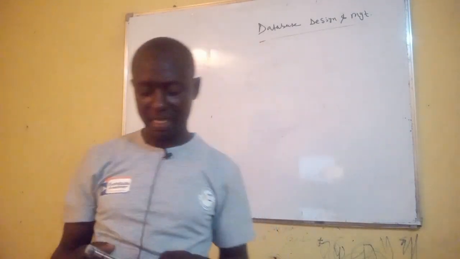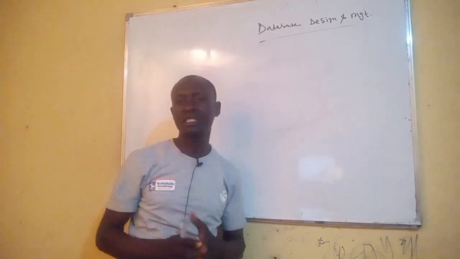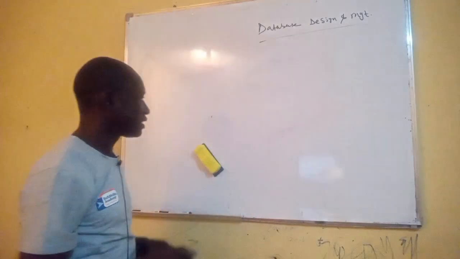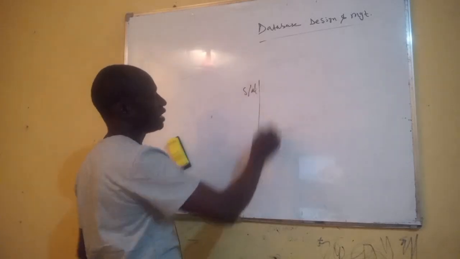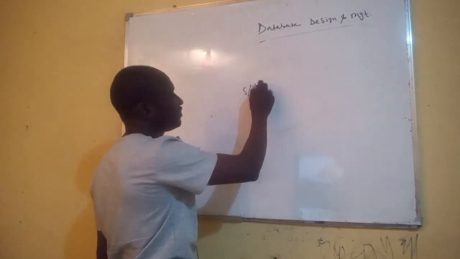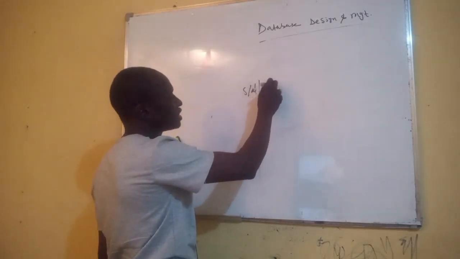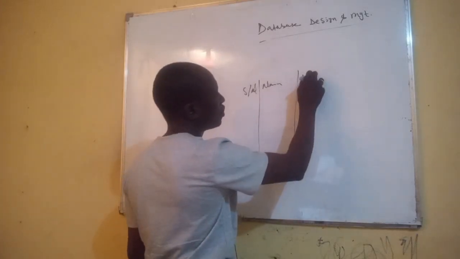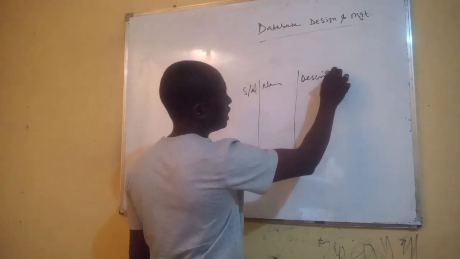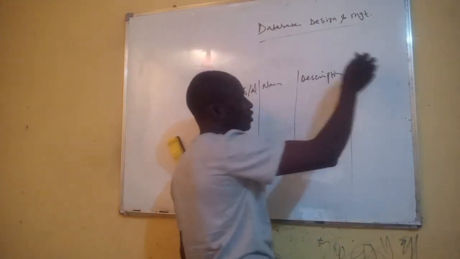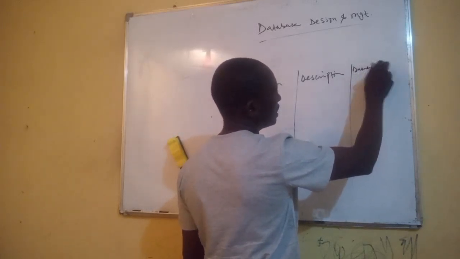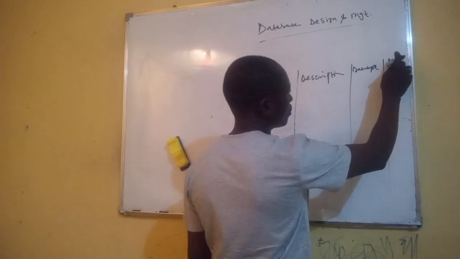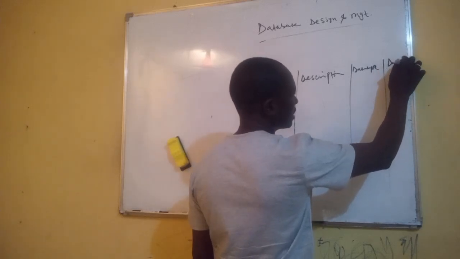This data dictionary contains all the details about your database, like a serial number, the description or field name, then the data type, and also the data size, not data structure, please.